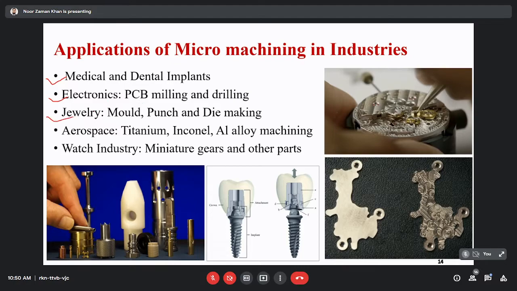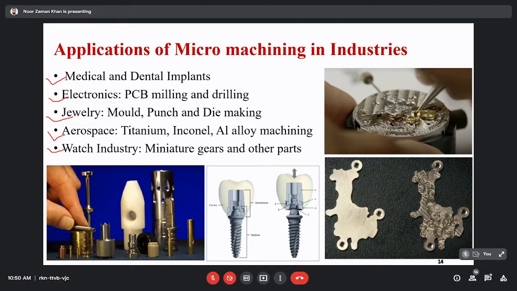Jewelry is generally made by investment casting, but we require some mold, punch, and die, which need to be produced by micro machining. In aerospace, aircraft components made of various materials require machining of titanium, nickel alloys, super alloys, aluminum alloys, magnesium alloys, etc. And in the watch industry, miniature gears and other parts are machined.